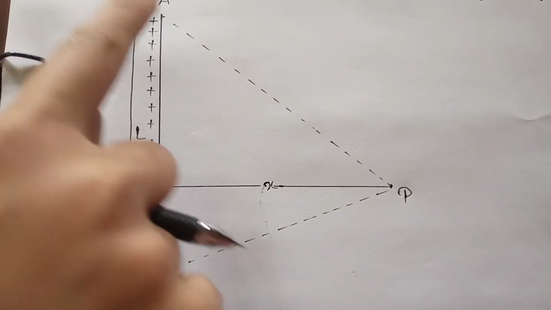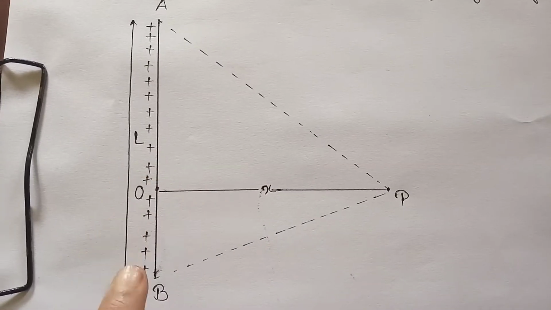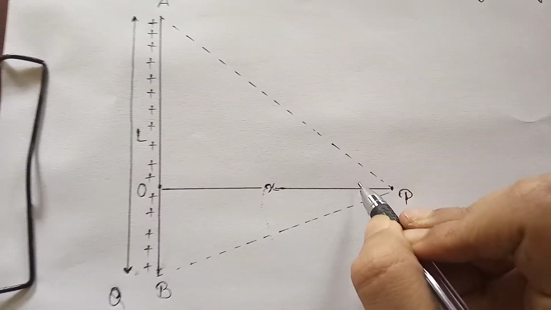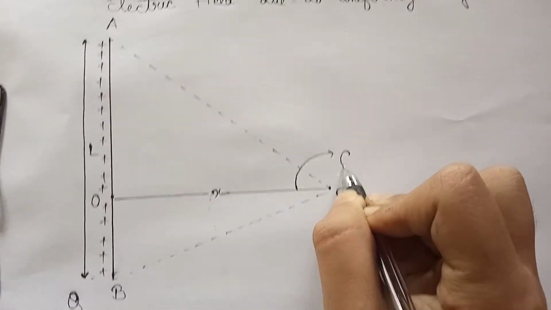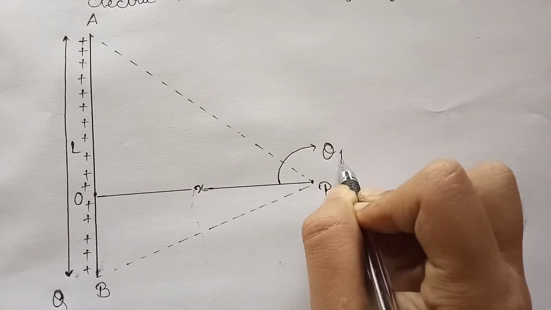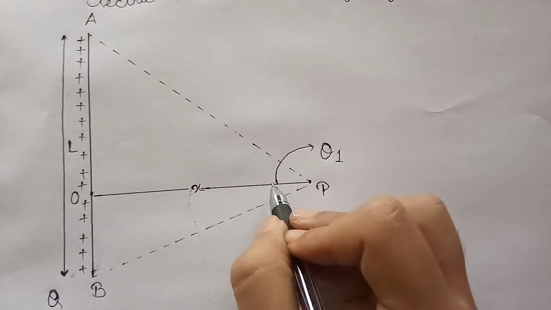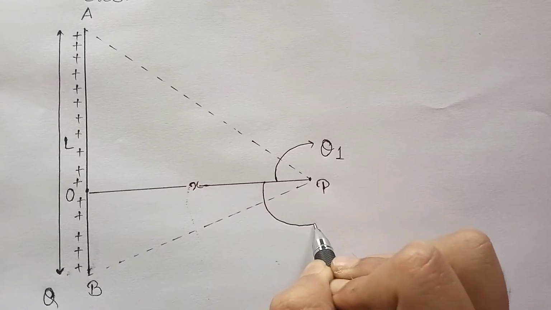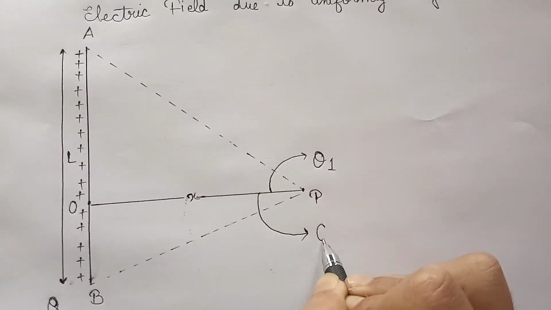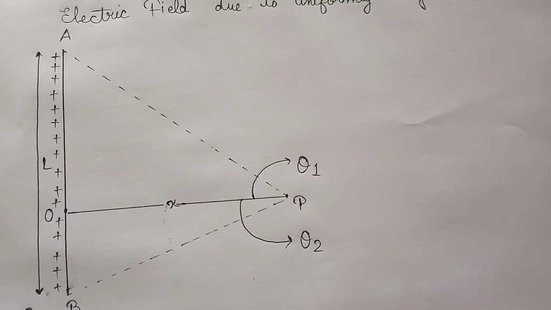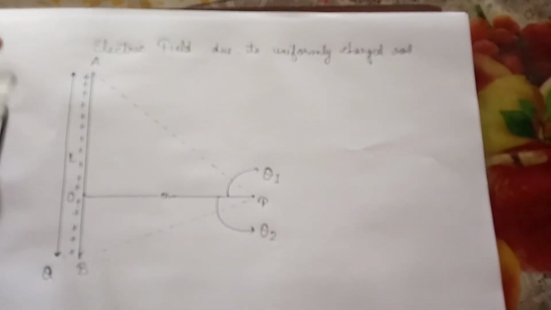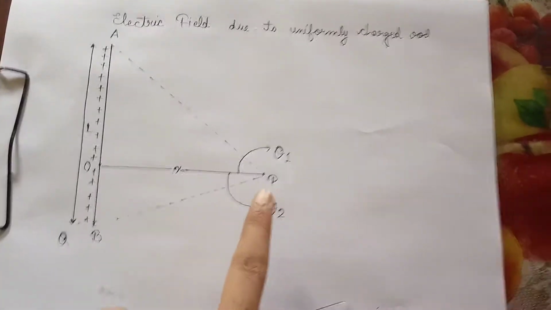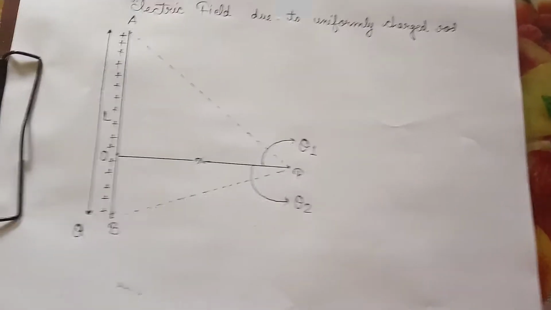What will be the angle APO and OPB? Assume that this angle APO is theta 1 and the other angle OPB is theta 2. We have to find out the electric field on P due to the rod.